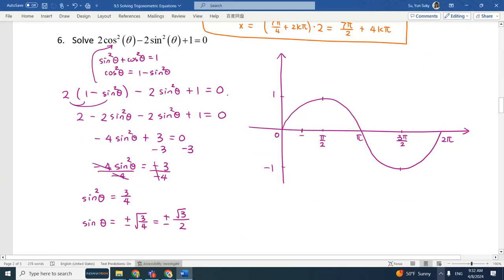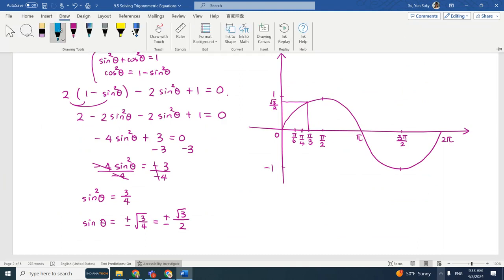By the way, you know the middle of 0 to pi over 2 is pi over 4. And then you cut it into 3 pieces, so this is pi over 6 and that's pi over 3. And you know that sine of pi over 3 is √3/2.